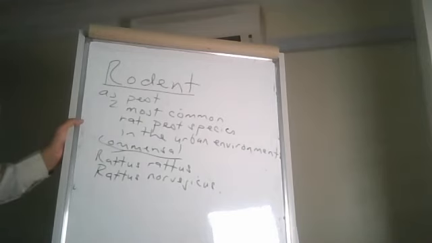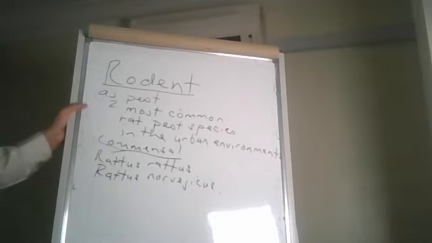So it is being transported all over the world. They go from one city port to another, and that's how they became cosmopolitan in distribution, with a worldwide distribution. So these are the two rats that you will find in our surrounding, in our urban environment.